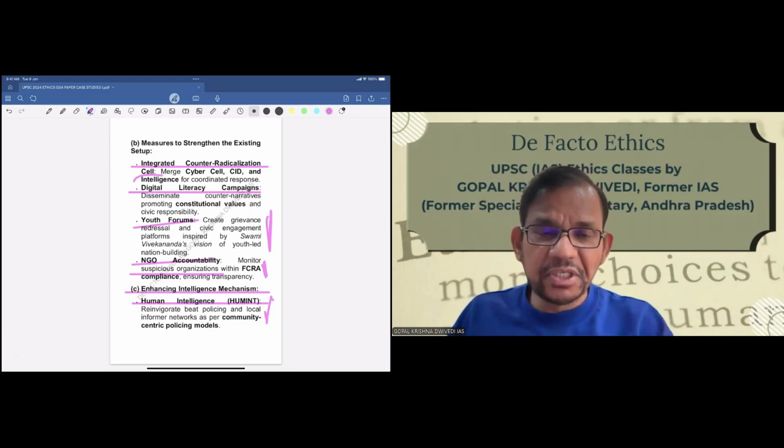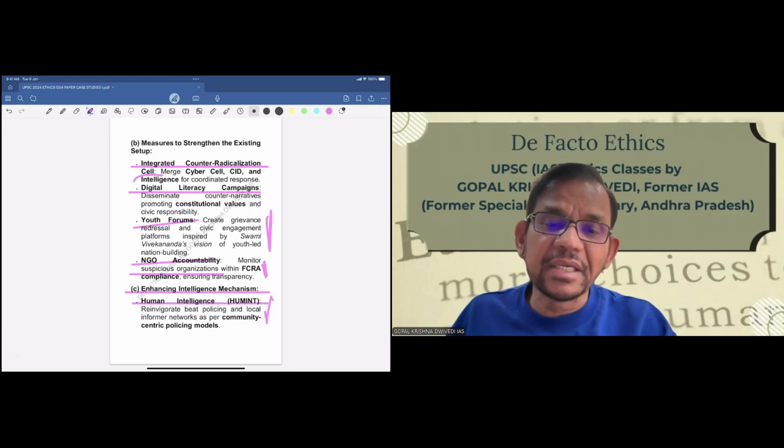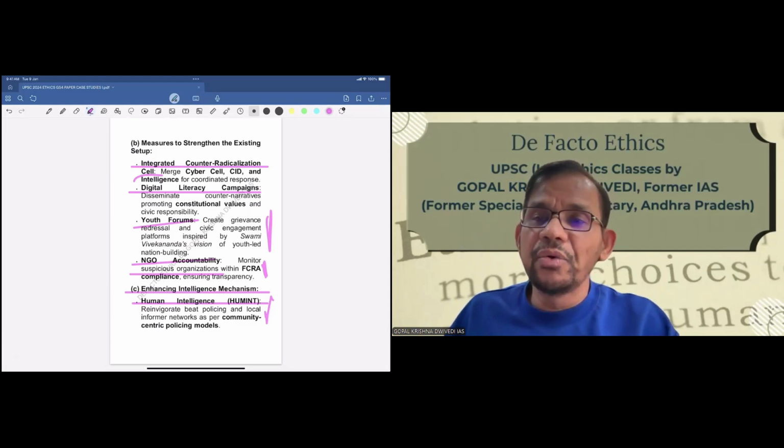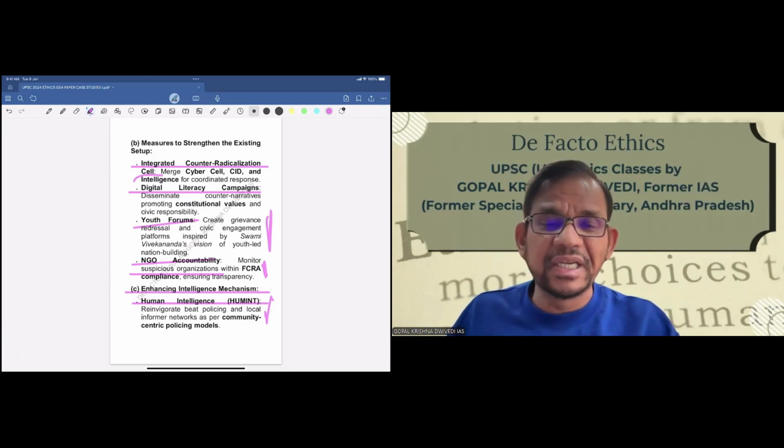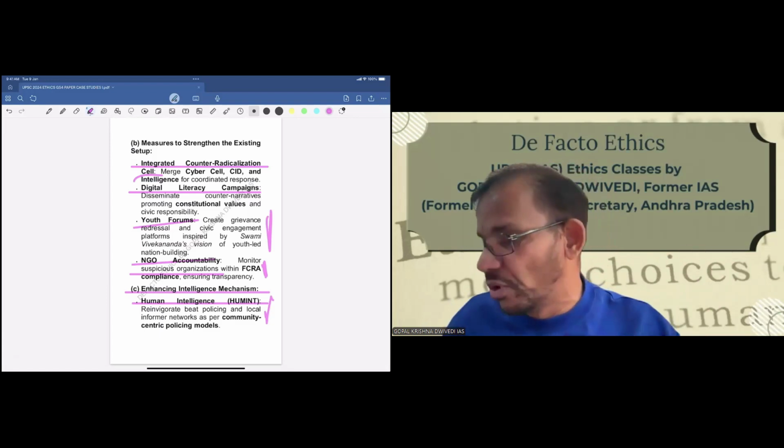So the first point being said here is to strengthen beat policing and local informer networks, as per community-centric policing models.